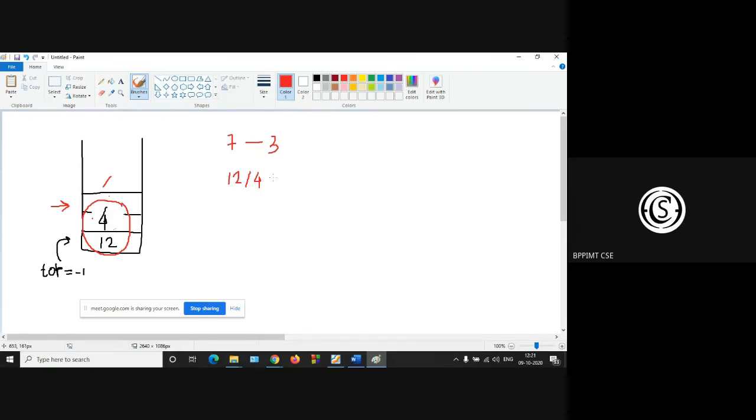So 12 by 4 is 3. You have to put 3 in the stack top. Now your top is here.